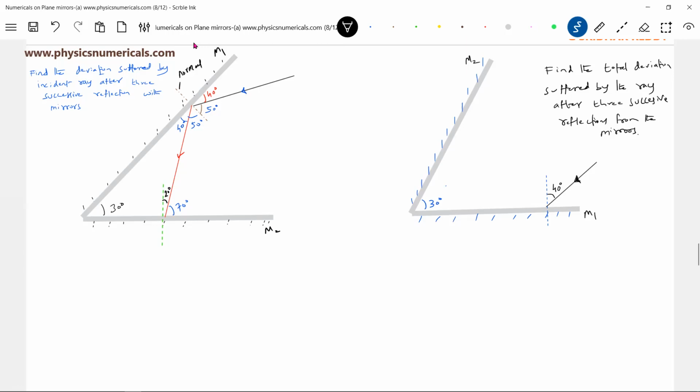Then after reflection, what will happen to the ray? The angle of incidence should be equal to the angle of reflection. Okay, this angle must be 20 degrees. Then again, we'll draw one more normal.